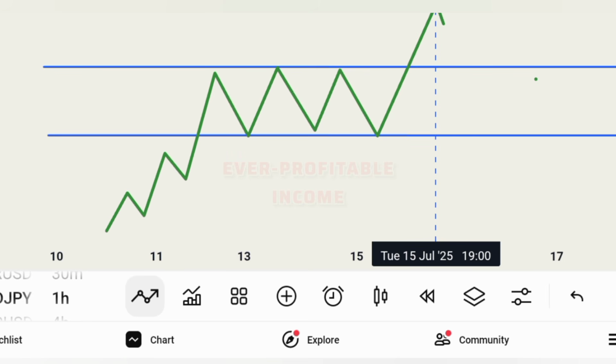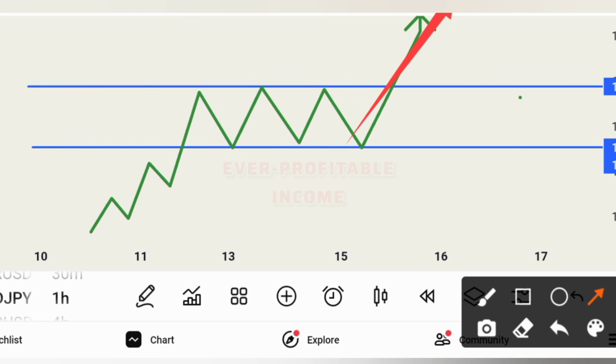It doesn't come back to touch this zone. It continues trending up, and there's no retest. It doesn't come back to test the resistance level at which it broke out before trending up. So the momentum type of entry is when price breaks out of a zone and starts trending with high momentum without coming back for a retest.